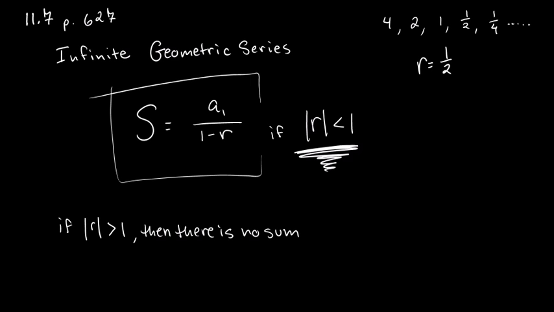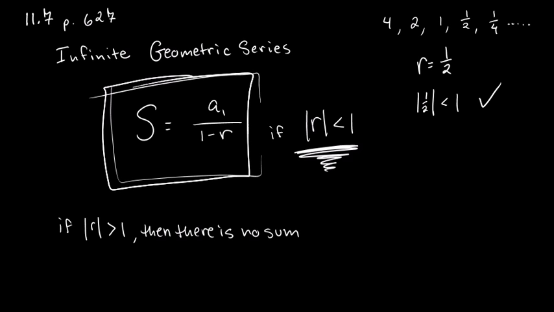So if the absolute value of my common ratio is less than 1, which it is, then I can plug my information into this formula and find what number that series actually approaches when I'm adding every single term all the way up to infinity.